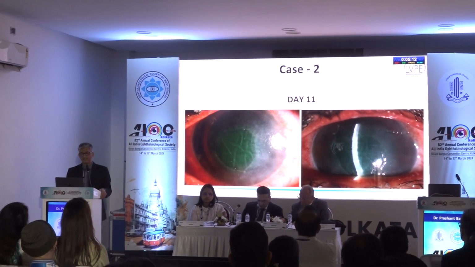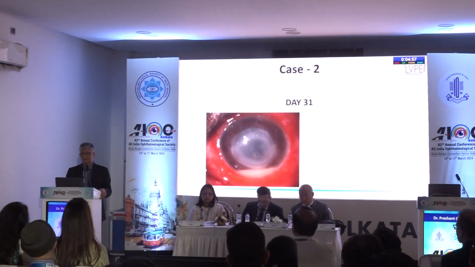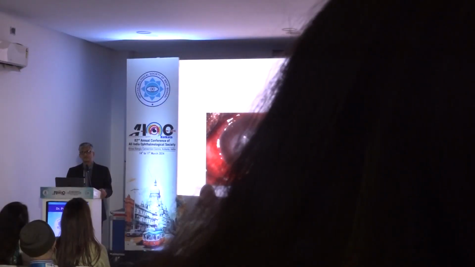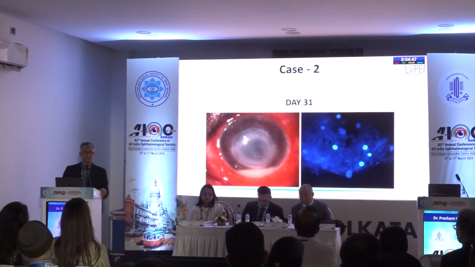But on day 11, we noticed that while the edema is subsiding, the patient developed a large epithelial defect. We didn't pay attention to that, continued the patient on corticosteroid with prophylactic antiviral treatment, and on day 31, the patient turned out to have a frank ring infiltrate, which on corneal scraping showed multiple acanthamoeba cysts.